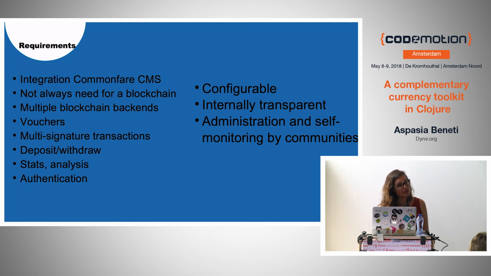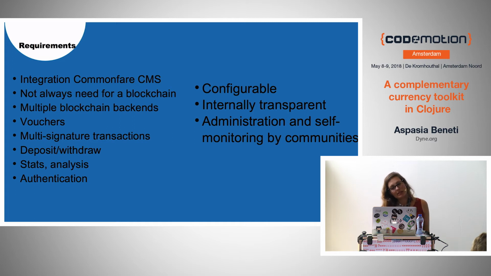We found out that some of the communities want functionality that looks like a blockchain, but they don't really need a blockchain, and you don't want to over-engineer things. So some communities need a blockchain, some want just a local currency for themselves, which can be backed up by a database, and some want both: their own currency inside the community, and also the ability to make transactions outside of the community.